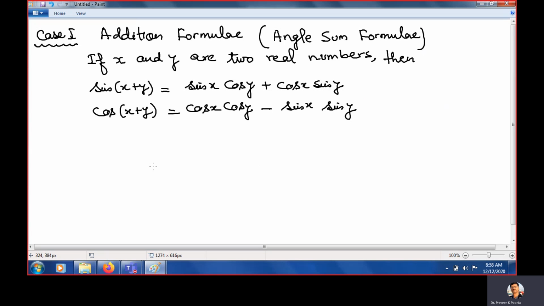One type of problem is that the values of sin x, sin y, cos x, cos y, all 4 trigonometric functions, are given, and then you need to find the value of sin x plus y and the value of cos x plus y. Clear? Another question is you need to find the value of a particular trigonometric angle without using a calculator.